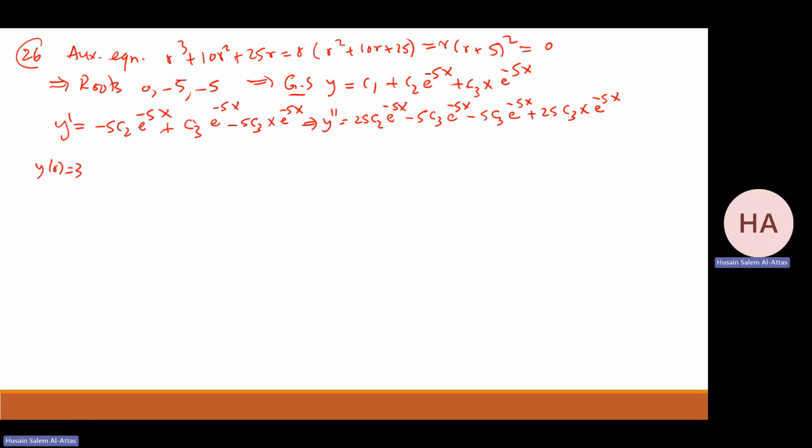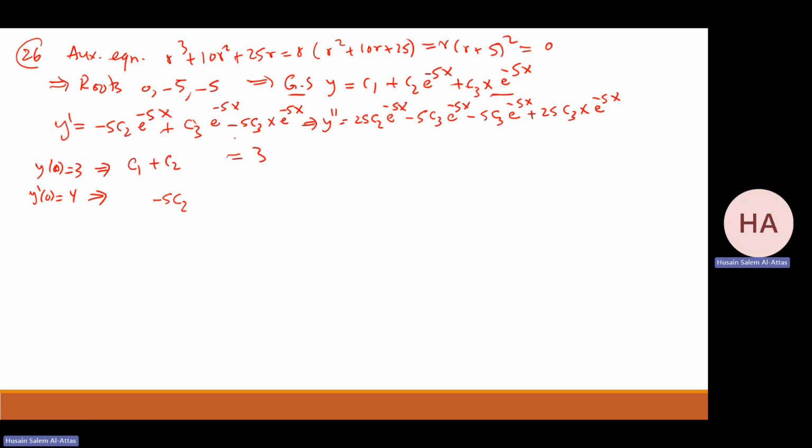Y at 0 equals 3. That implies what? C1 plus C2. C3 will be 0. This will make it 0. 0 times 1, which is 0. Y prime at 0 equal 4. You have what? Here, minus 5c2.